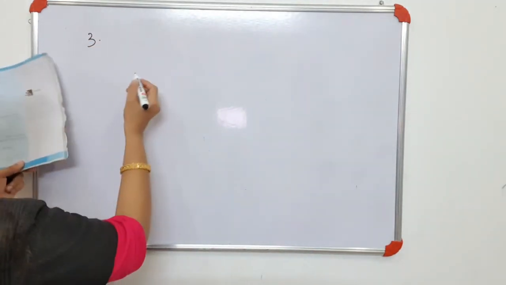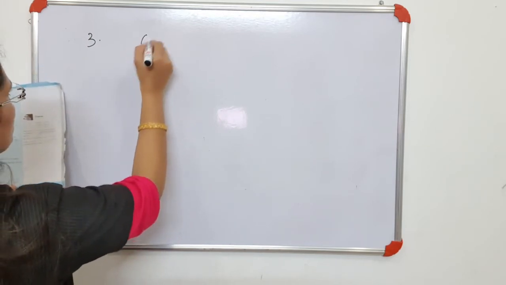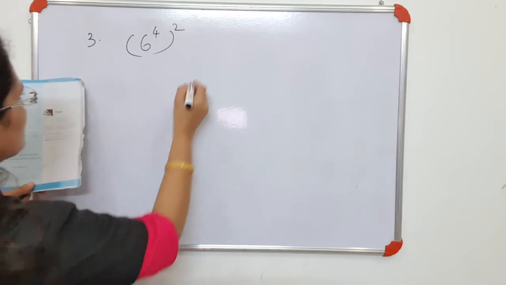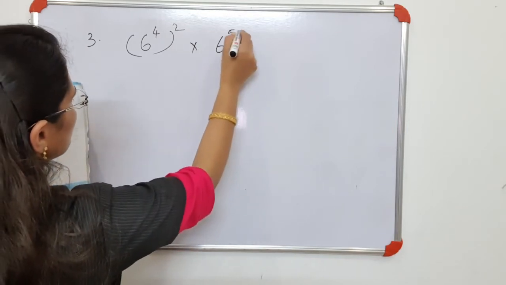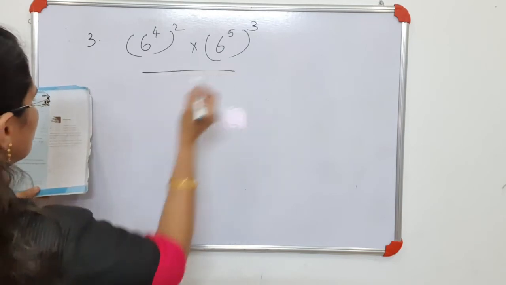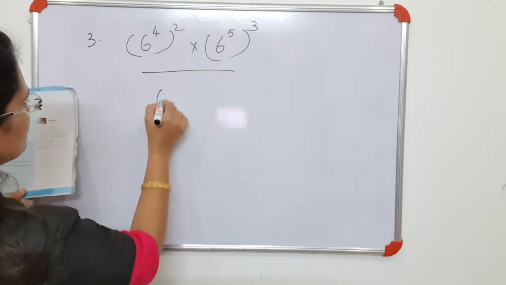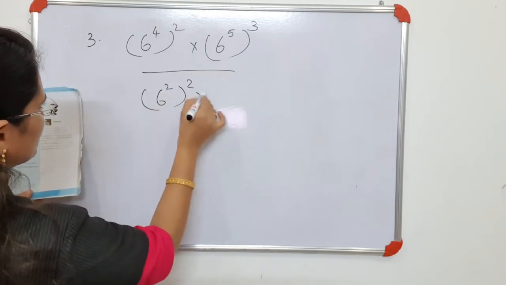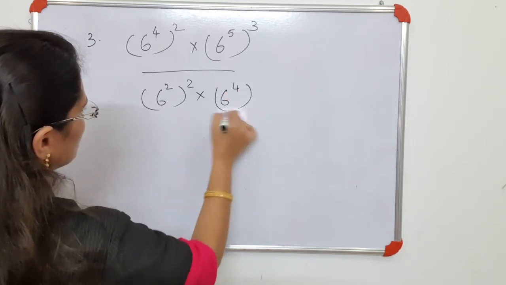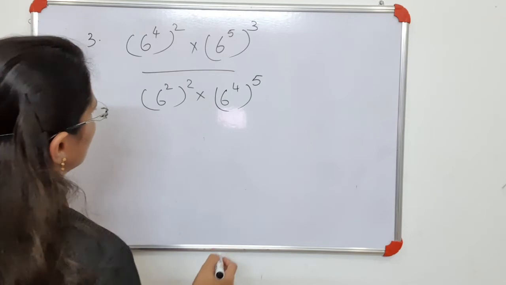Third question, 6 raised to 4 whole square into 6 raised to 5 whole cube divided by 6 square whole square into 6 raised to 4 whole raised to 5.